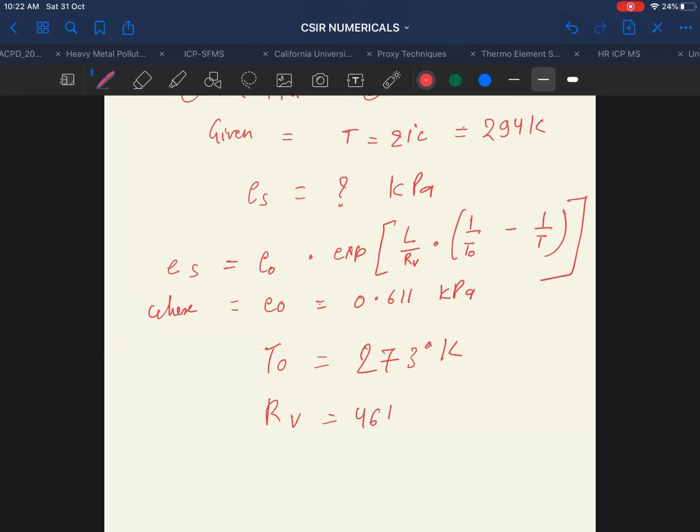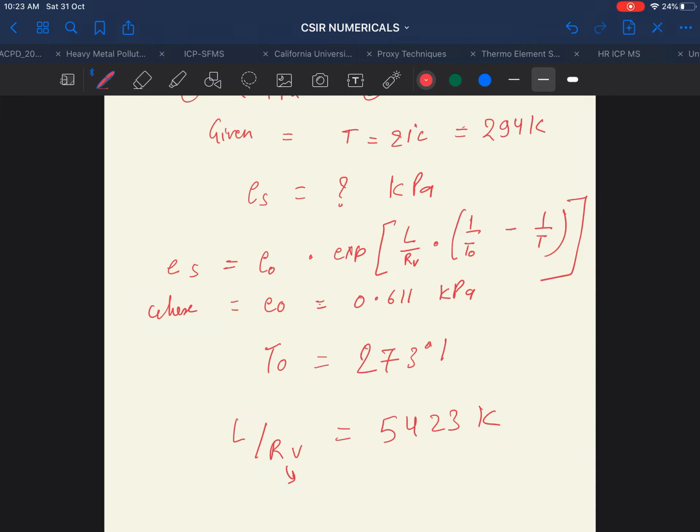RV is 461. Simply what we can do is, instead of writing all those things, just memorize it: L by RV value is 5423 Kelvin. Okay, this is the value for L by RV. See, this RV is nothing but a gas constant. This is your gas constant, and its value is 461.